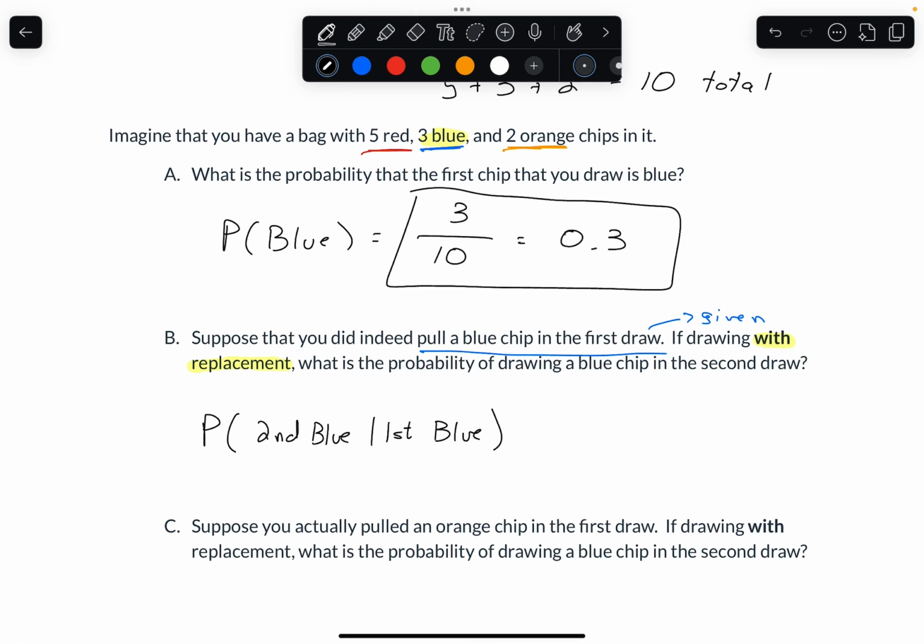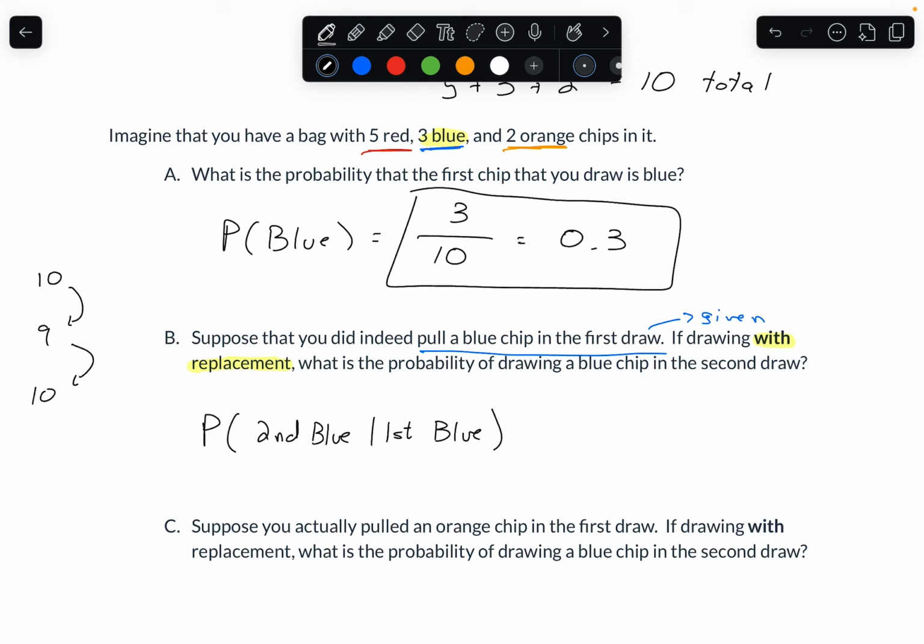Now, when we talk about with replacement, what that means is I take a chip out of the bag, I look at it, I note its color, and then I put it back into the bag. I can choose the same chip twice. So if you think about what's going on here, you've got 10 chips total, you take one out, there are 9 chips remaining. But before I take another one, I put that chip back.